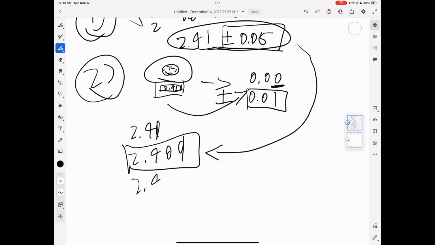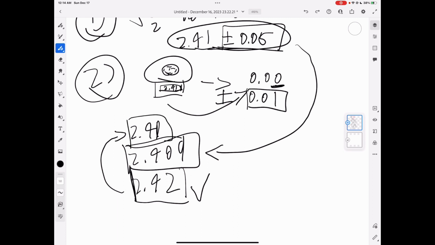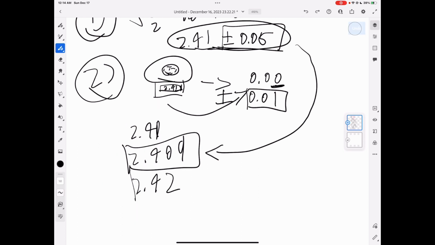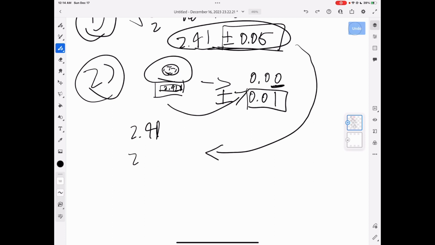If someone says 2.42, for example, which is a valid answer considering the uncertain digit, we say that this is still consistent with this previous result, and we say that this is reproducible. As if person A got this and I got this, and our uncertainties overlap, basically we can say that these experiments are, in a sense, consistent.